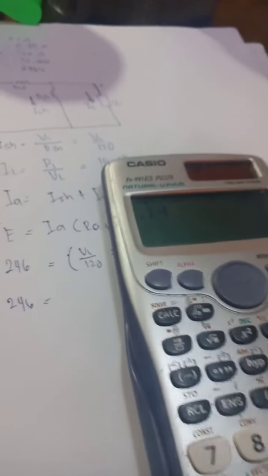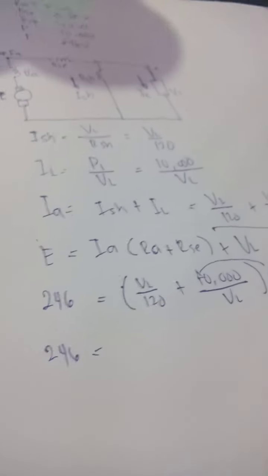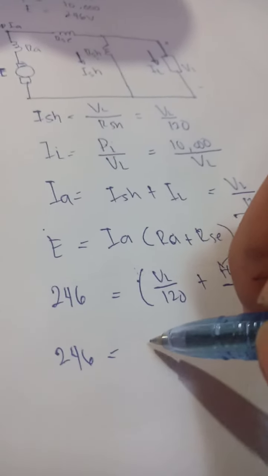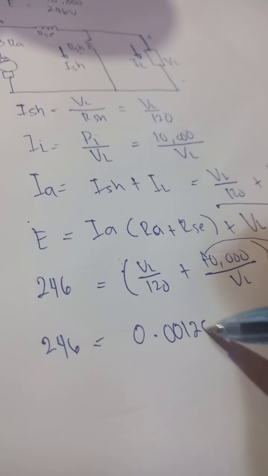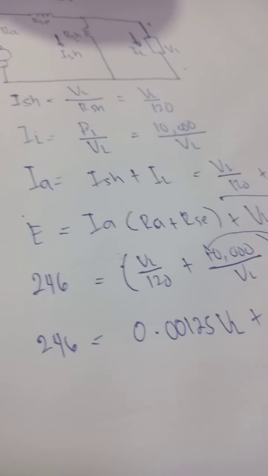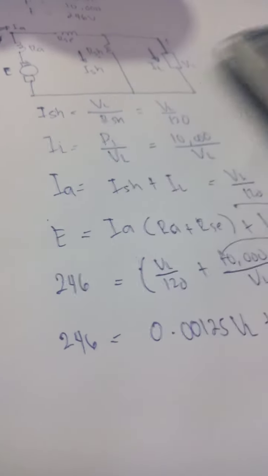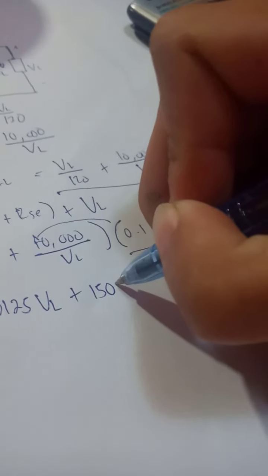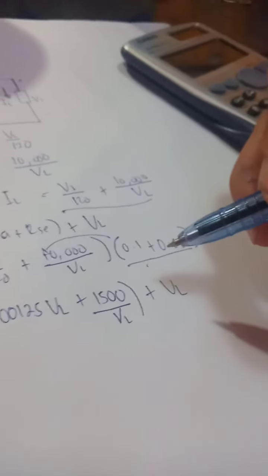Now that's 0.1 plus 0.05 divided by 120, so that's 1.25 times 10 to the negative 3, or 0.00125 VL, plus 10,000 times 0.15, that's 1,500, over VL, plus VL.